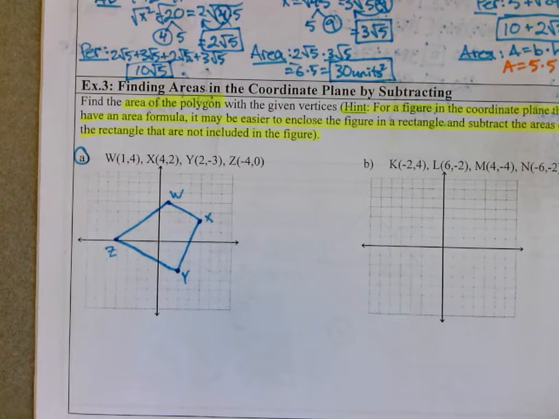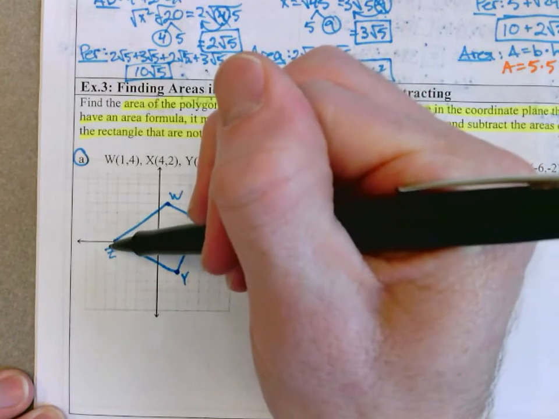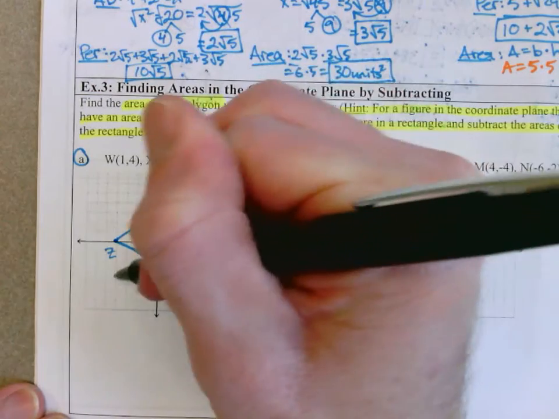So the strategy that we can do is we can go ahead and put a rectangle around this shape. So I'm going to start at Z and, using kind of that stair-step method, I'm going to create a rectangle that encompasses this shape.